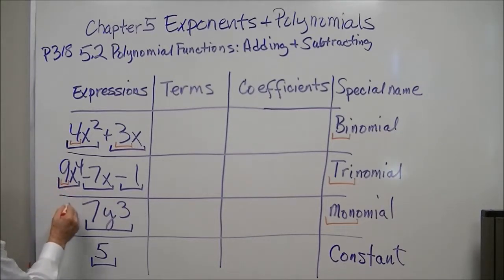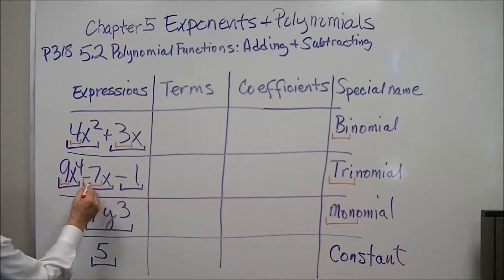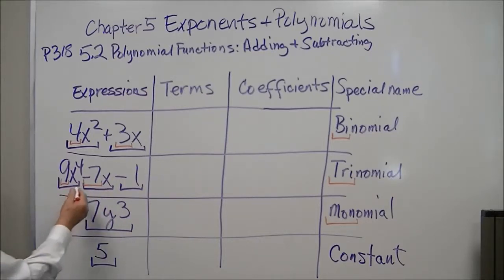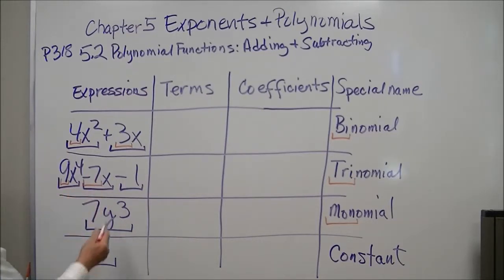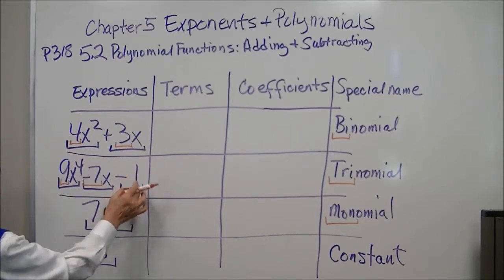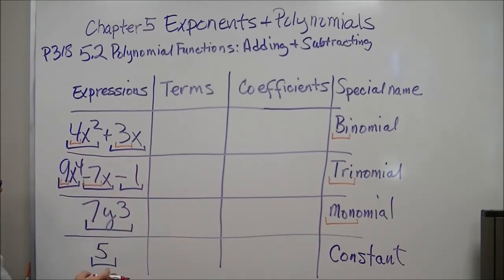This will be a 9. This would include the negative, a negative 7. And in the case of a negative 1, we're going to see that that's a constant, and that's also its coefficient. Here, the coefficient is 7. So we're going to be asked to identify these things as we go on, and you'll be asked in your practice and quiz me.